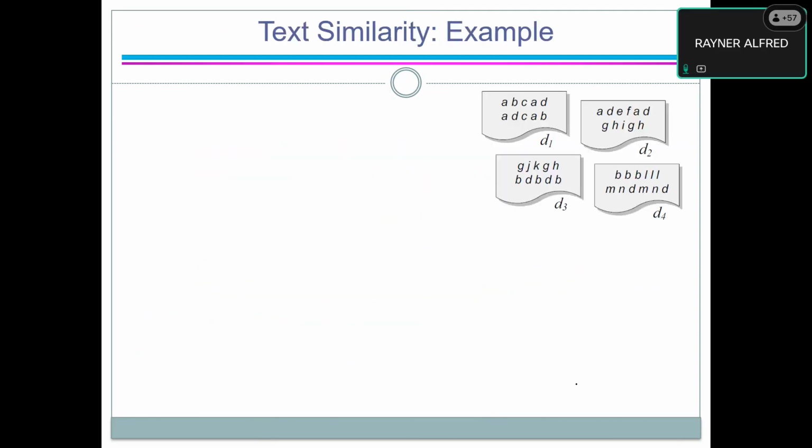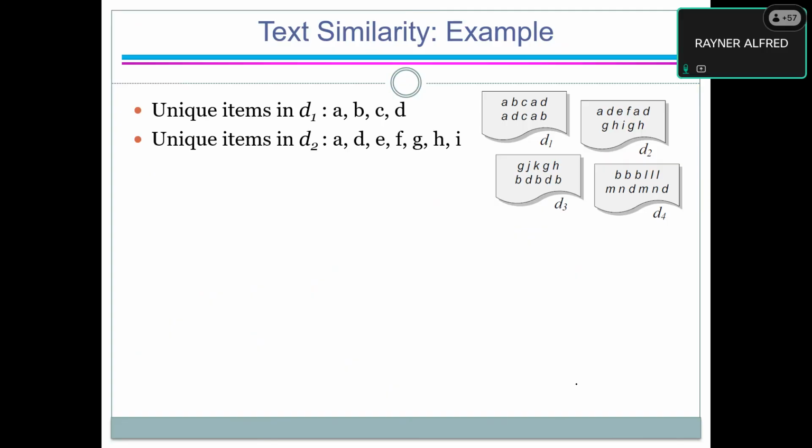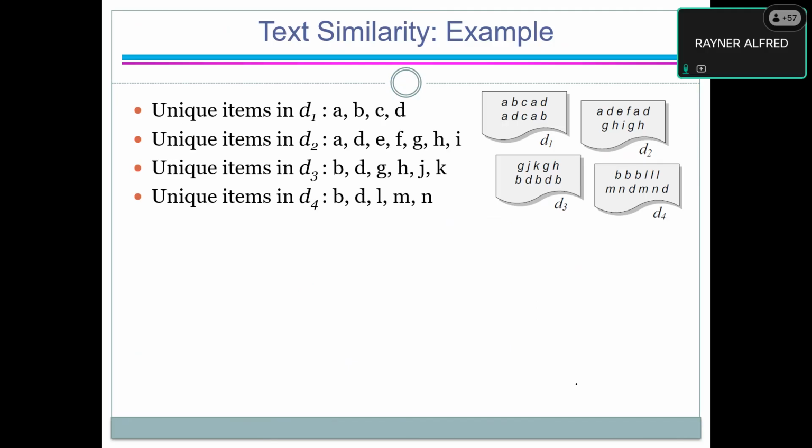Okay, let's take a look at this example here. We have 4 documents, and the unique items in each document are defined here. For example, document 1 has A, B, C, D. Document 2 has A, D, E, F, G, H, I. Document 3 has B, D, G, H, J, K, and then document 4.